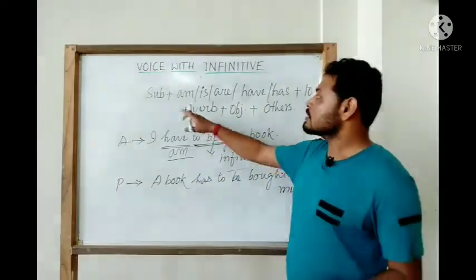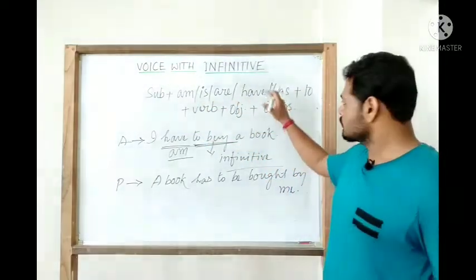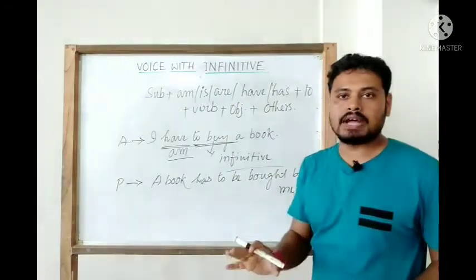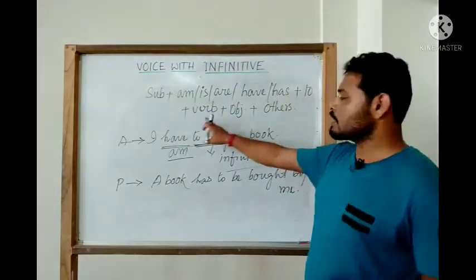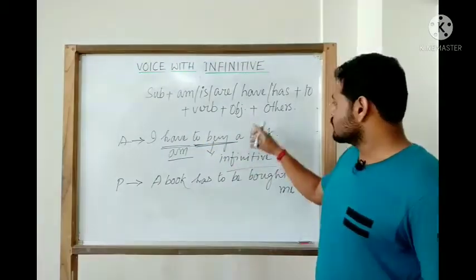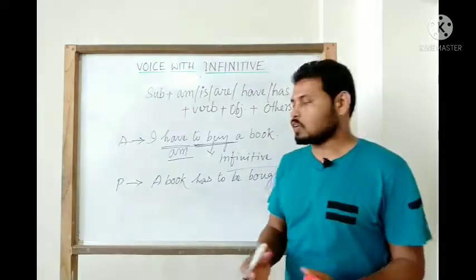So that is why subject, then am is are have has, anyone among these five. Then we have a to, then verb. So to plus verb, it's infinitive. Then we have an object and the others if there are any.